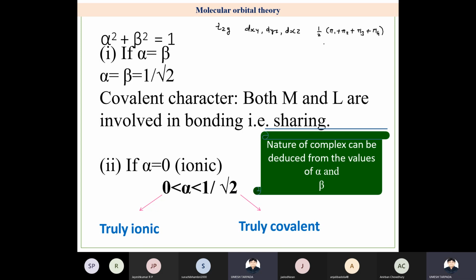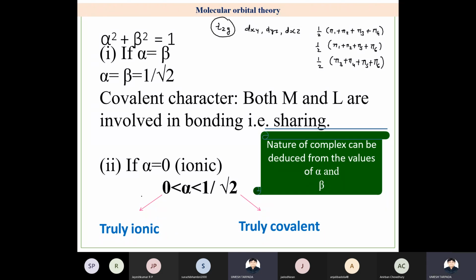Second one is 1 by 2 (pi 1 plus pi 2 plus pi 5 plus pi 6). अभी एक और लेवल बाकी है, that is 1 by 2 (pi 3 plus pi 4 plus pi 5 plus pi 6). दो का combination आप लेके तो ऐसे आ जाएगा. So these are the pi components.